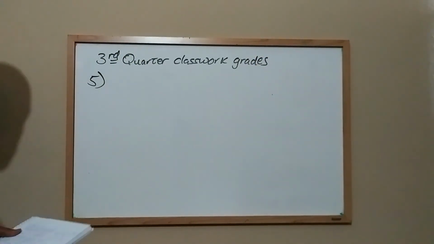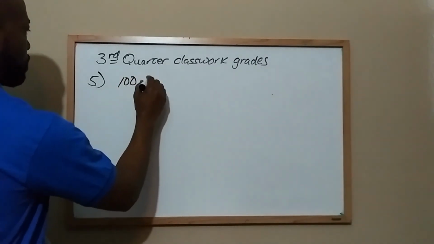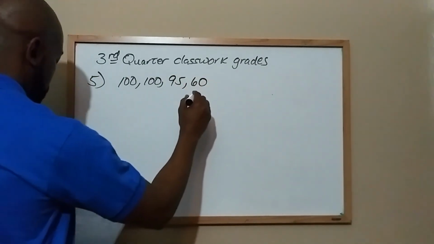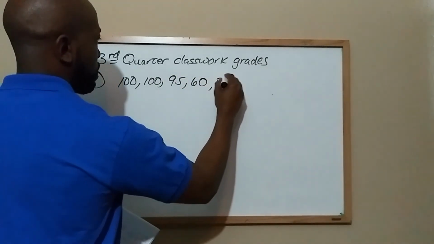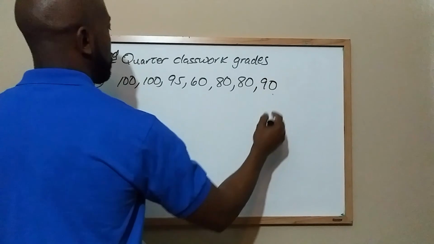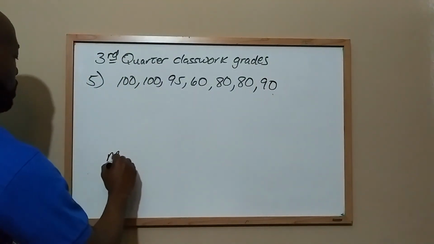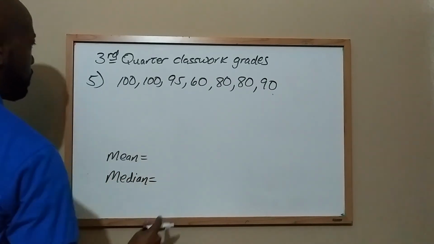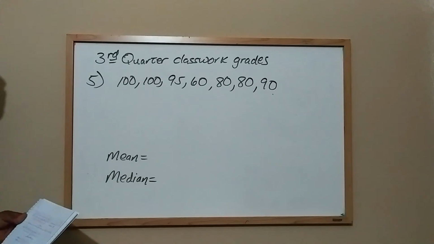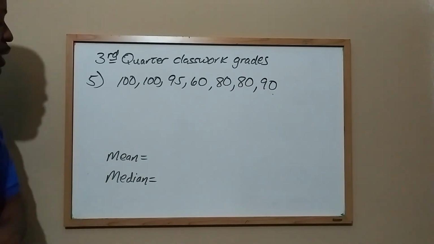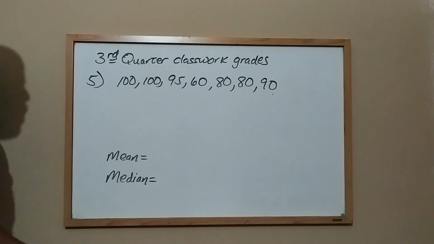So let's use 100, 100, 95, 60, 80, 80, and let's say a 90. All right. We're looking for the mean and the median. So at this point, pause the video, work it out on your own to see what you get for the mean and median, and then come back, play the video, and check your answer.